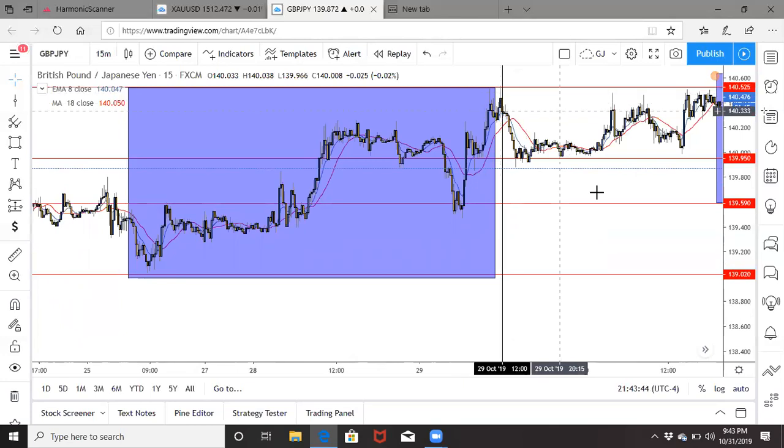So the reason you got your transition, and the reason that GBP-JPY was actually able to get to that take profit 1, and why it wouldn't have been a good idea to get in over here, is because it finally gave you a double top, right?